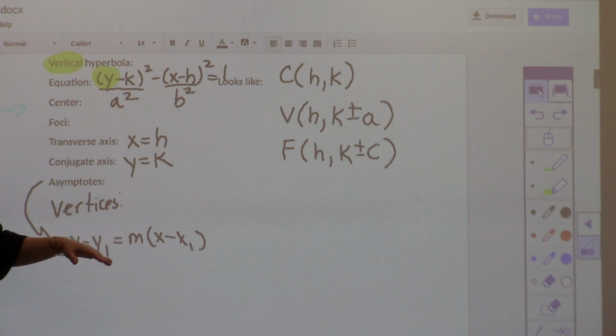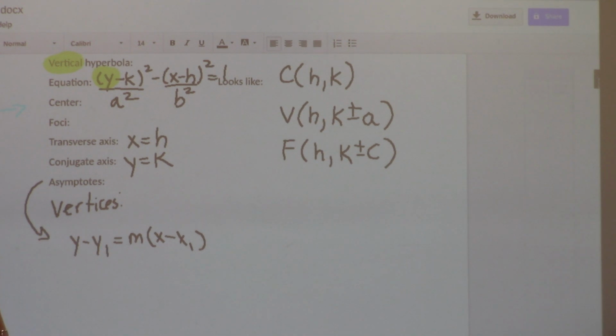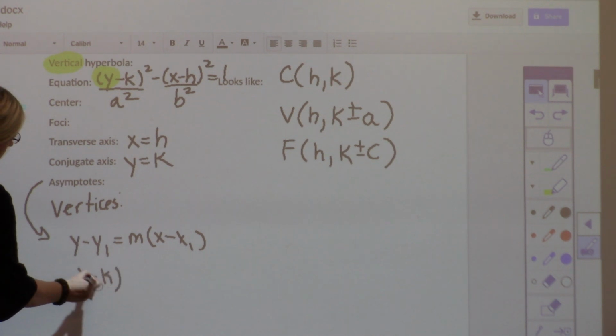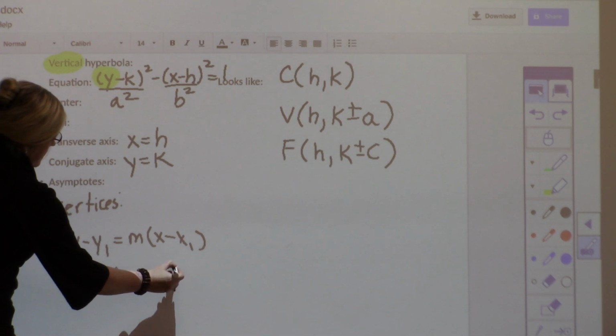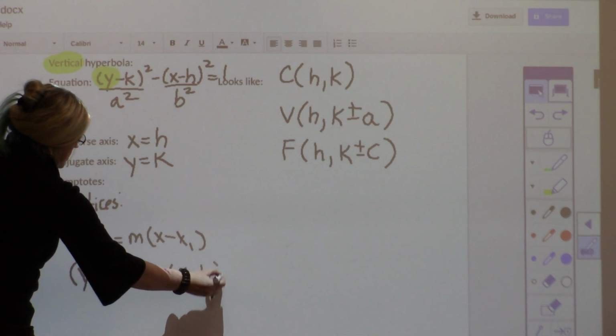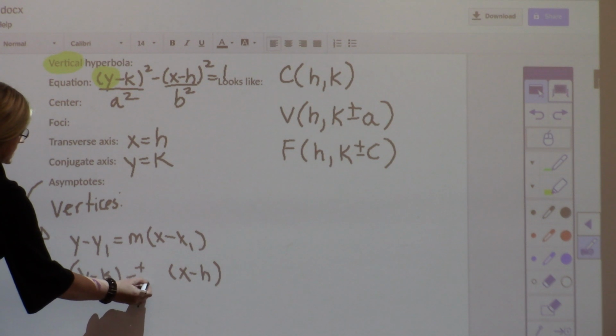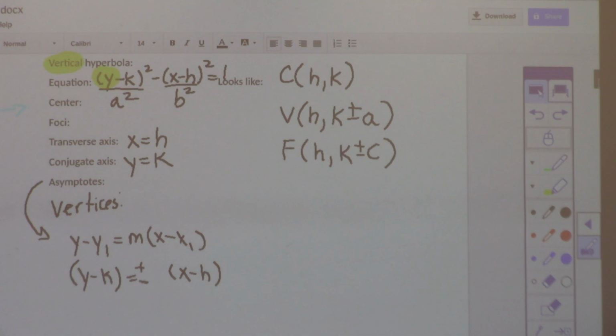Do we have a point that both of these pass through? (h, k). Yeah. So this becomes k. This becomes h. Now, we've got one that goes this way and one that goes that way, so this makes it plus or minus.